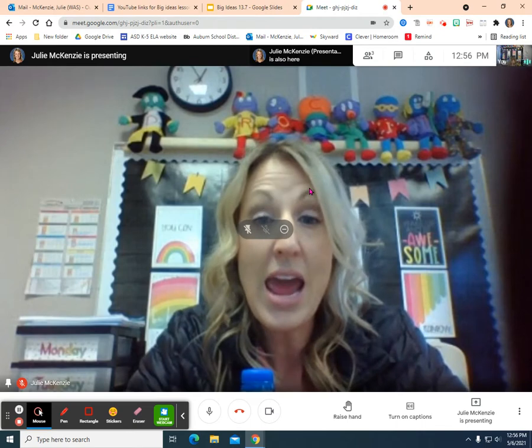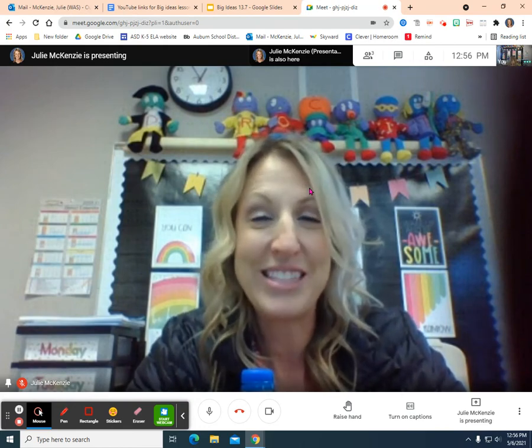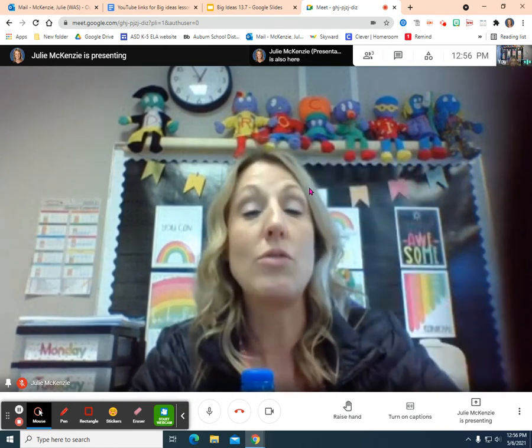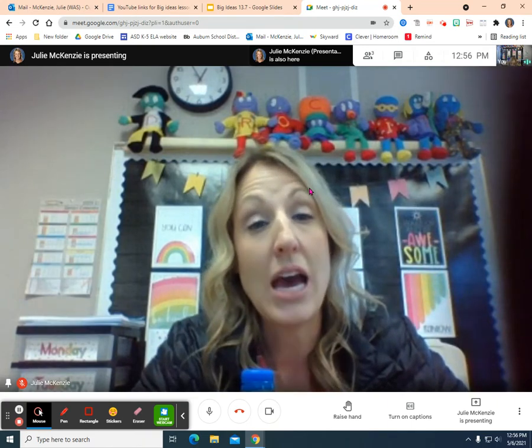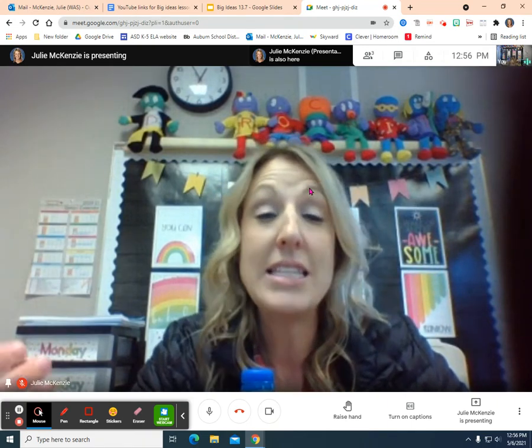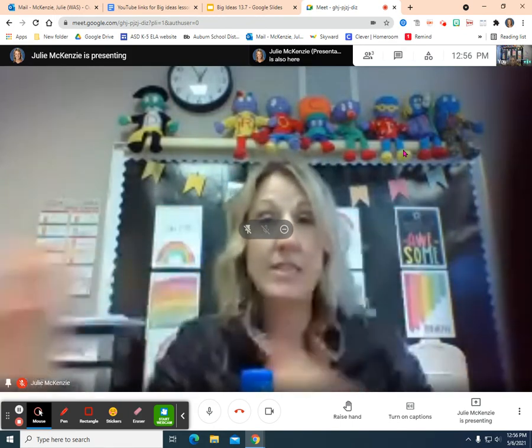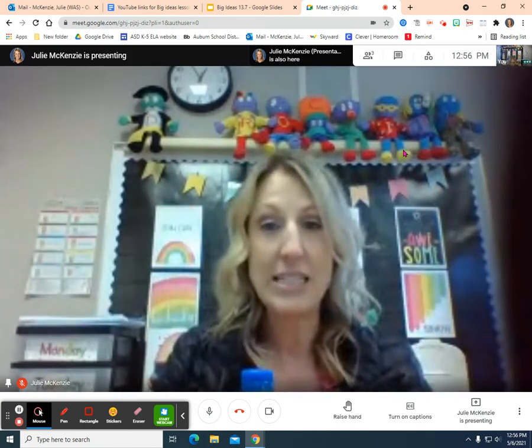So I have some objects to show you, and we are going to talk about the measurable attributes. That means we're going to talk about, is that something where you can measure the length or the height? Is that something that you could put on a scale and weigh it? Is that something that you could put stuff inside to see what the capacity is?